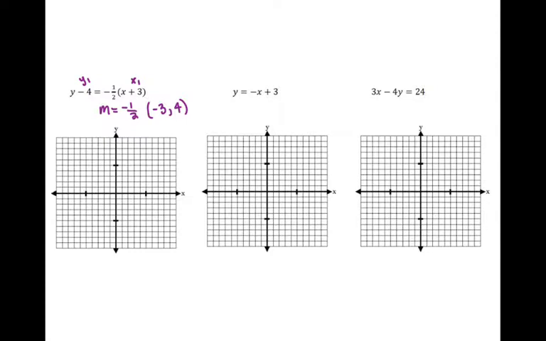Okay, so I'm going to start by plotting my point. (-3, 4) is right here. I used the wrong color. My first point should be purple. (-3, 4). There we go. And my slope is -1/2, so from that point, I am going to go down 1 over 2. Down 1 over 2.